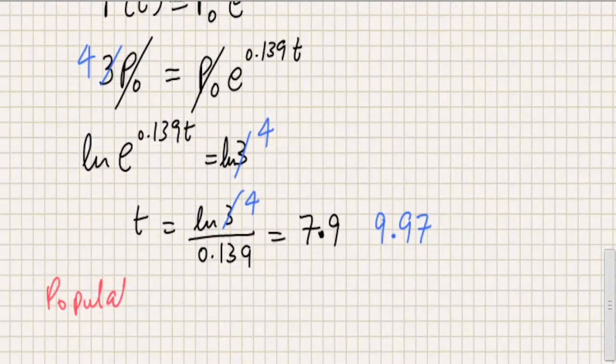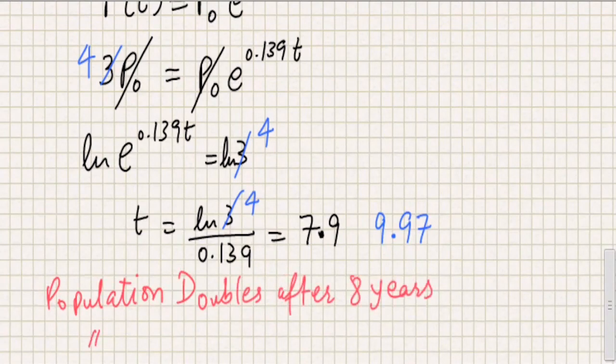So the population triples after approximately 8 years, and the population quadruples after almost 10 years. I hope you understood how we use first order linear differential equations in real life problems.